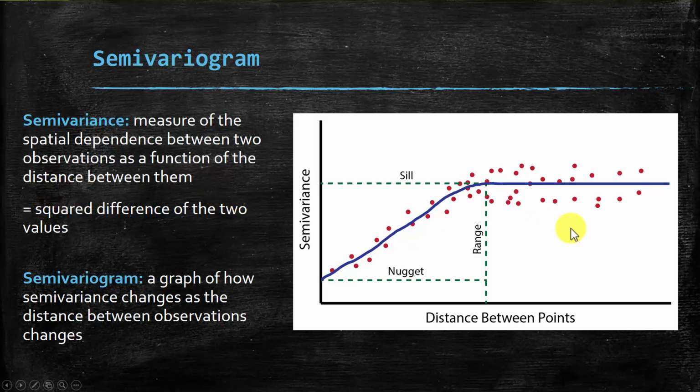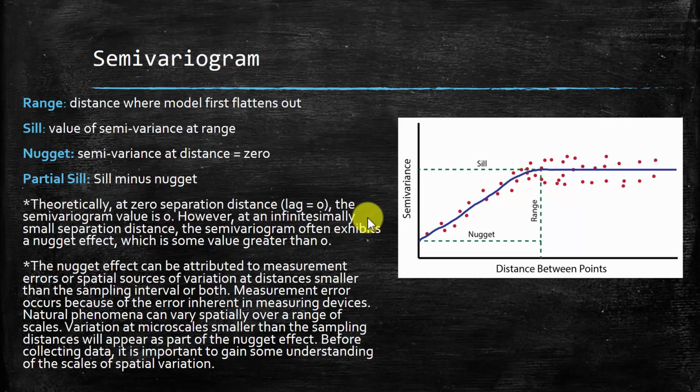Here's a very simple cartoon conceptualized semivariogram with a couple things labeled. I'm going to move on to the next slide because that explains some of these definitions, but it has the same image. The range is the distance where the model first flattens out, which is where the semivariance stops increasing.